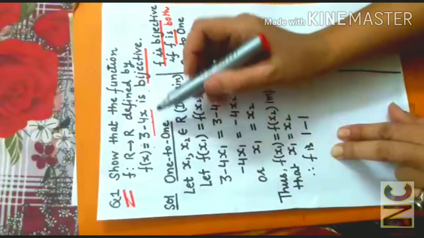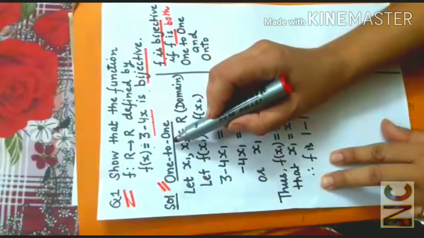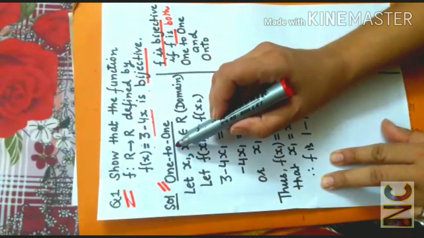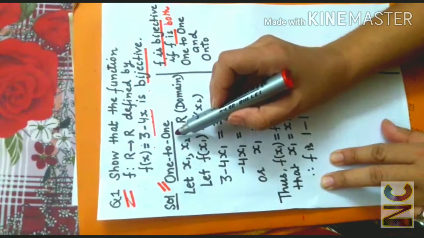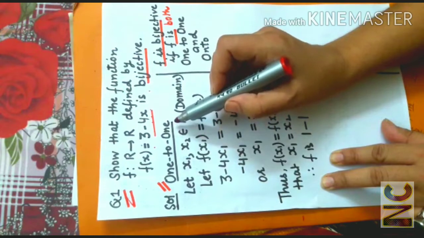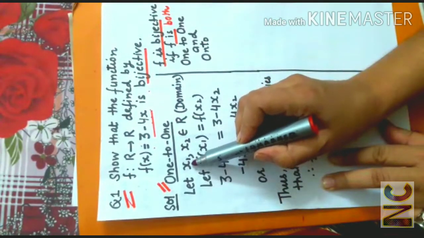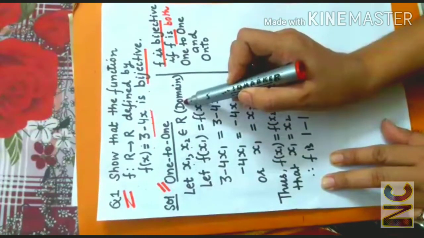So I start with one-to-one. If I have to show that a function is one-to-one, then I have to show that distinct elements of the domain have distinct images. For that, I take two elements in the domain.